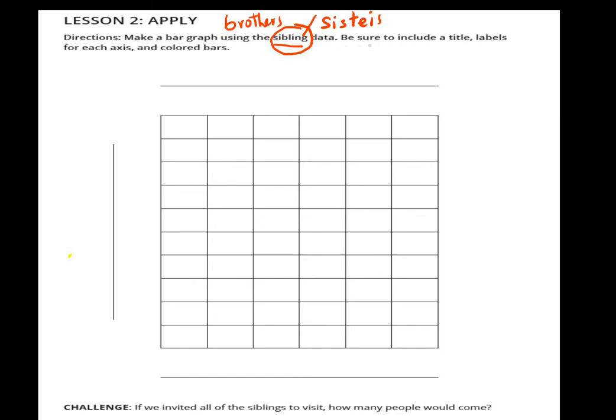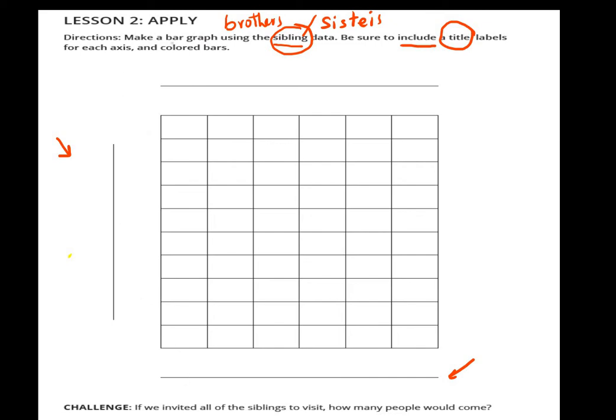Be sure to include a title, the name of the graph, and labels for each axis. We have two axes here. This is called the horizontal axis, and this the vertical axis. We must write the name of the axis on each axis.